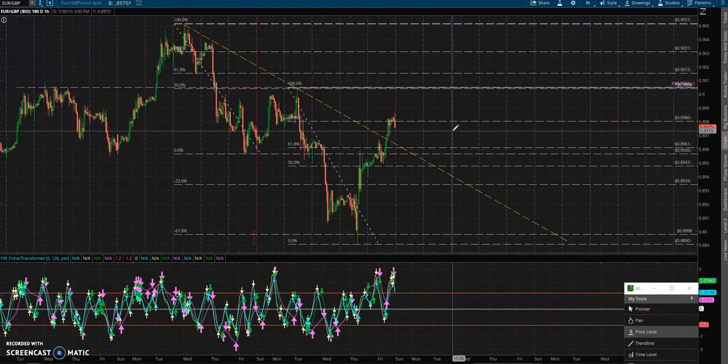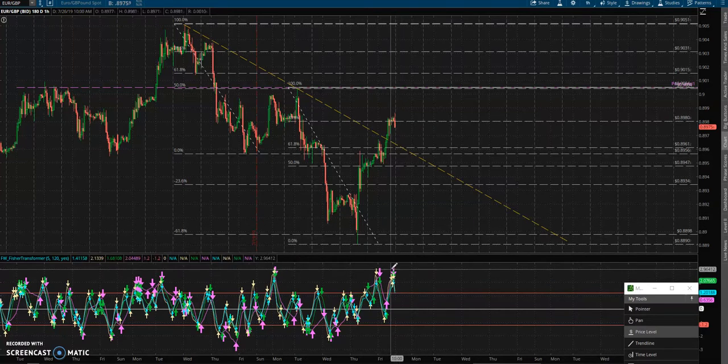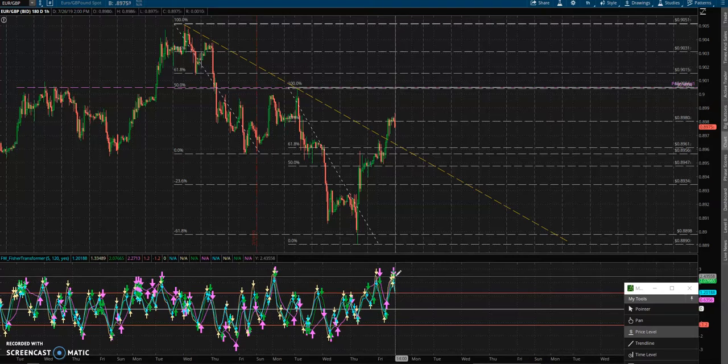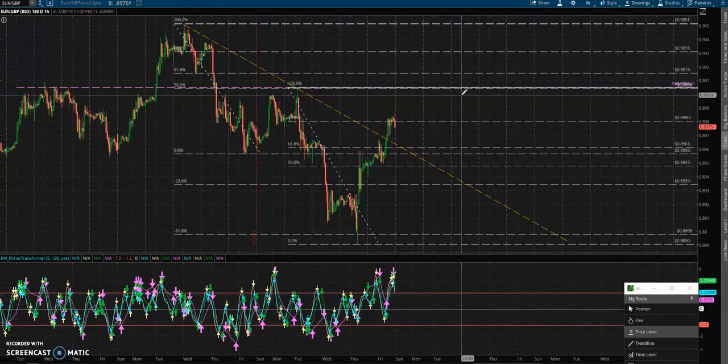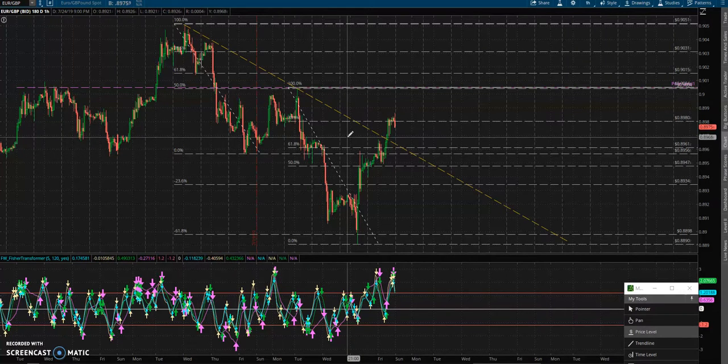We'll also keep an eye on this one. Right now, that sell trigger for the Fisher transformer is going to take it down. So I'm thinking it might come down, might loop up later in the week, or maybe the start of next week. Excuse me. We'll keep an eye on this one and see how it goes.